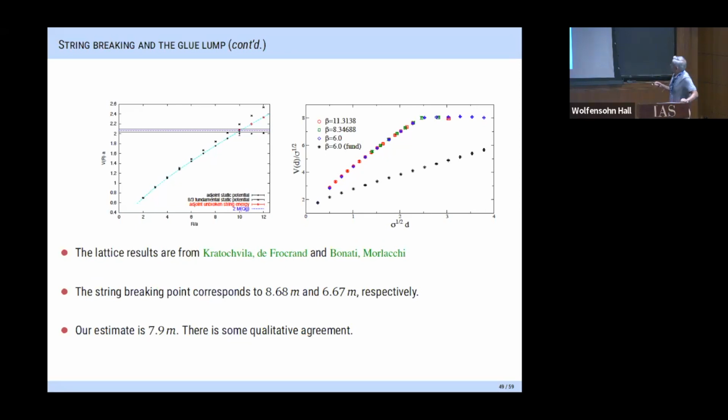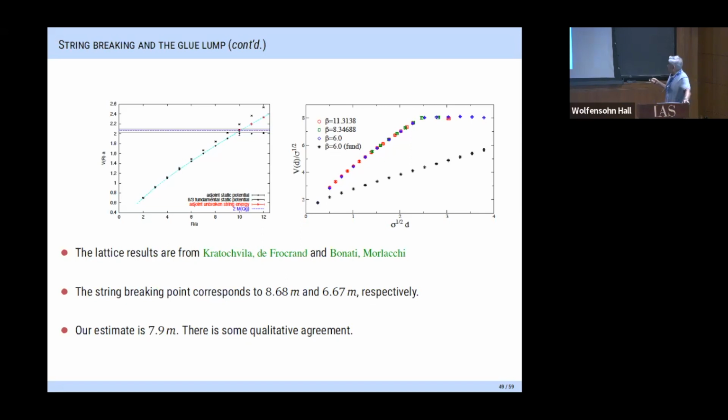Here is the lattice result for the two groups I'm showing here. For SU2, you see the rising potential and then flattening, same thing here. This is kind of where the breaking happens. So you're trying to catch this point here and seeing what is the energy corresponding to that, okay?